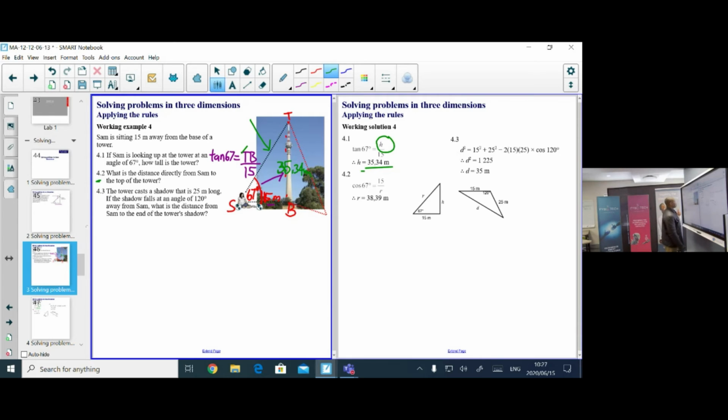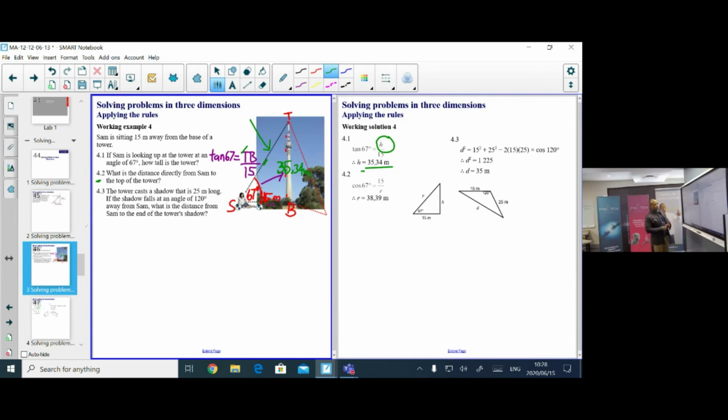As you can see from the solution, because we have an opposite side, an adjacent side, and an angle, we are spoiled for choice because you could use the Pythagoras to find this hypotenuse since you have the other two sides. You could also use the sine function since you have opposite, and you could also use the cosine since you have the adjacent.